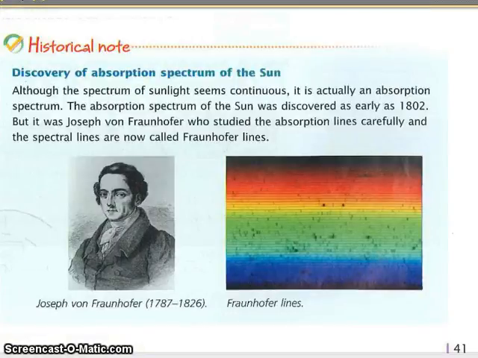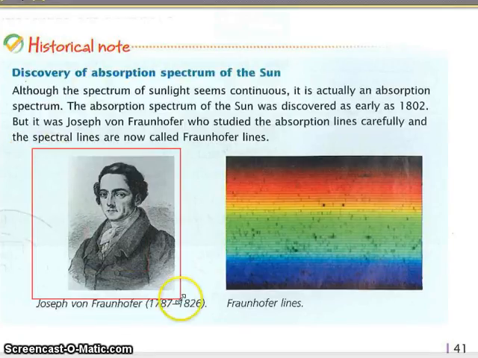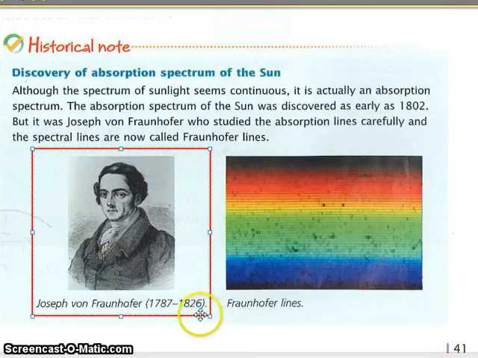Well, so you may start to understand why people can tell there is a lot of hydrogen on the sun, because we may analyze the light from the sun. We may find the spectrum from the sun. This scientist called Fraunhofer studied the spectrum of light from the sun, and he found that there are some dark lines.